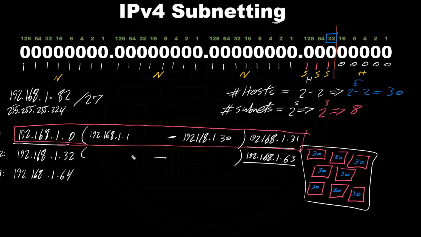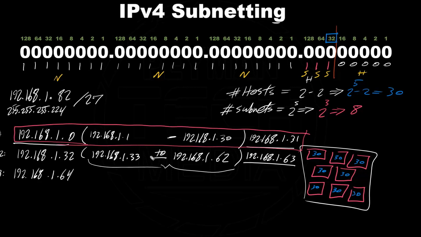And the range of available IP addresses now goes between 1.32 and 1.63. So that would be 192.168.1.33, and it goes to 192.168.1.62. So these are the available IP addresses in this subnet.